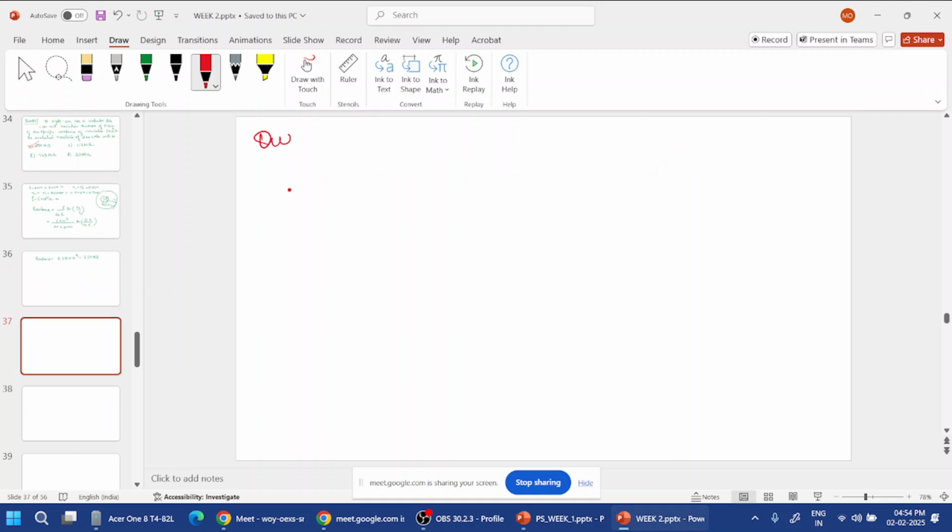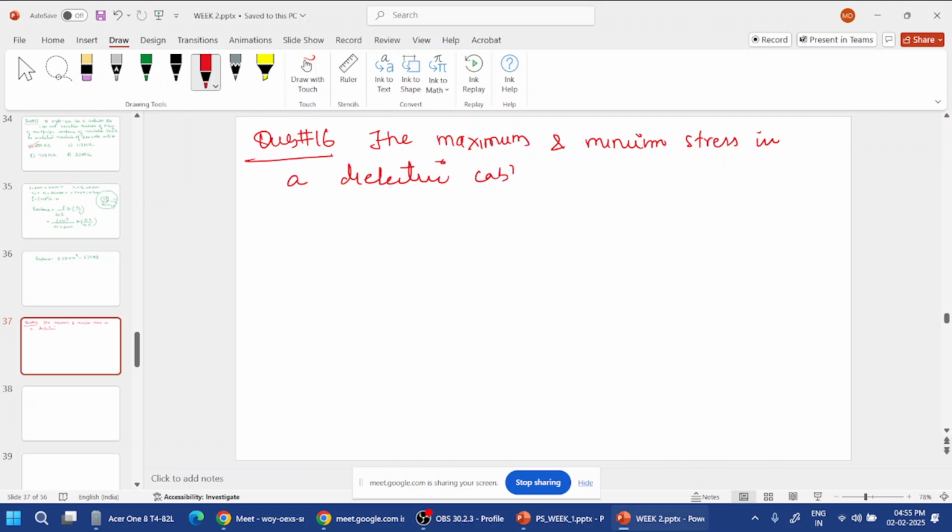So the next question, question number 60. The maximum and the minimum stresses in a dielectric cable are 40 and 10 kV RMS.